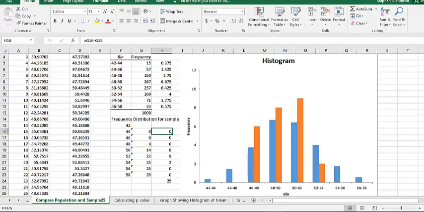Every time you redo your experiment, you're going to get, in this case, 25 new data values. So your initial population is a perfectly normal distribution.